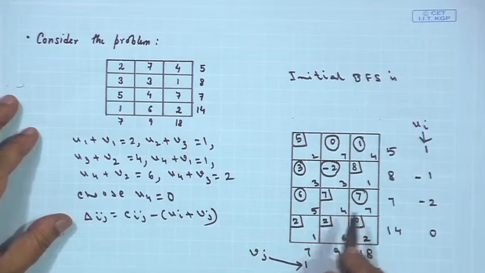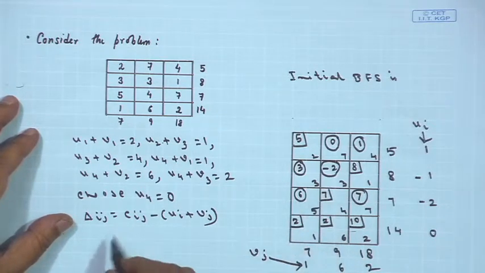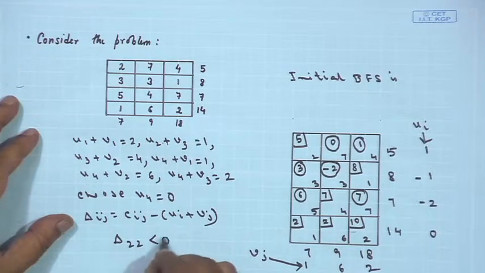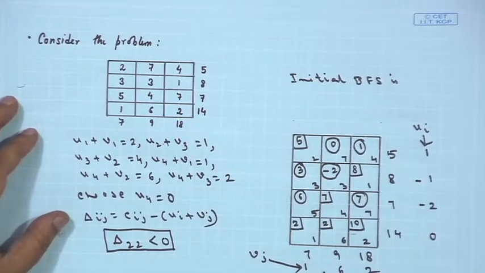Here you see not all delta ij are greater than equal to 0. Delta 22 is less than 0. So, your solution is not optimal.